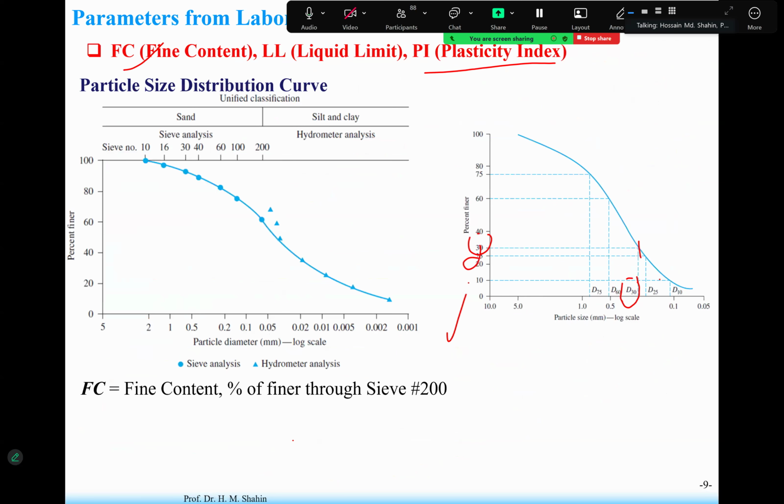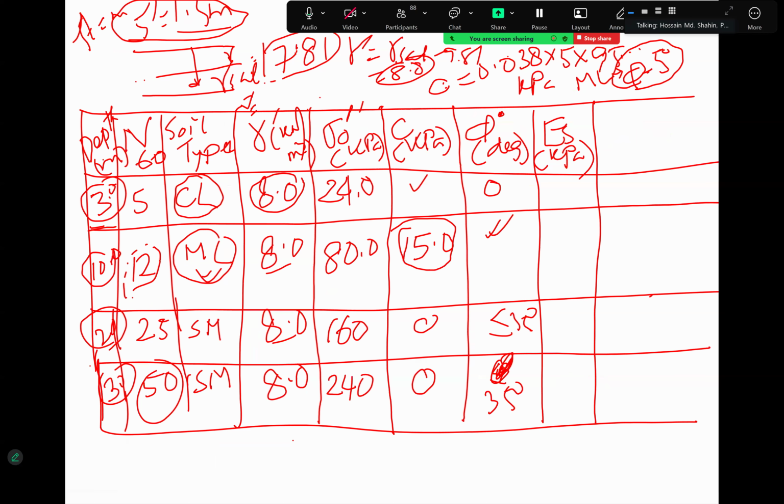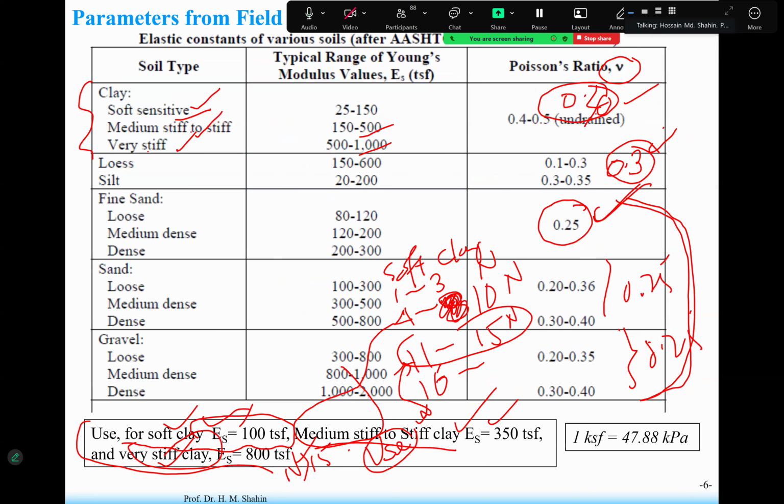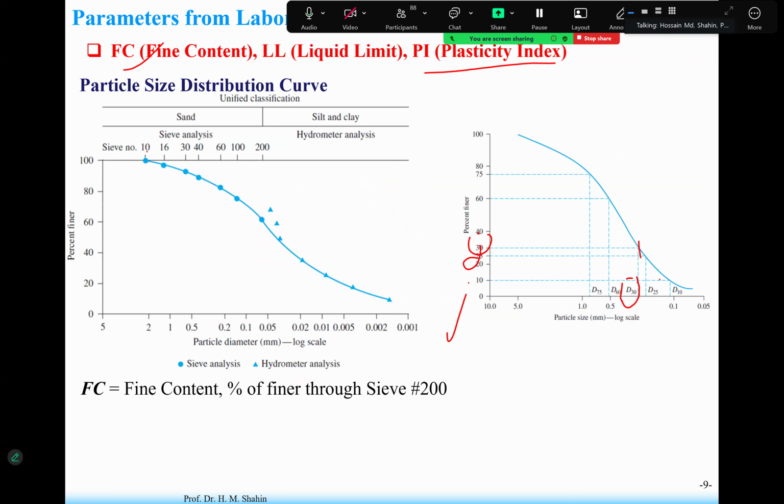Yes, 95.76. Come to the plate of soil 5. I don't know what it is there. Maybe medium stiff is written. It's written medium stiff. Okay. So if it is medium stiff, what do we have to use? For medium stiff soil up to stiff soil, you have to use 350.